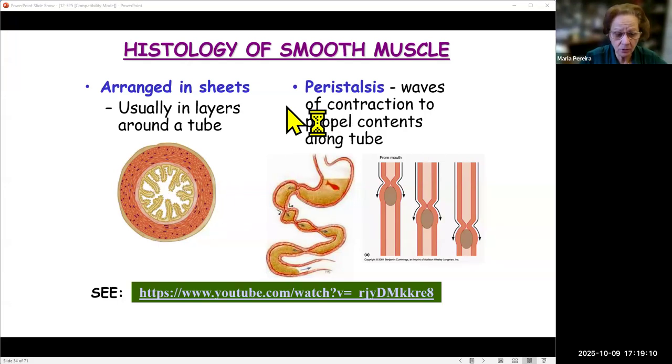When they contract and relax, this helps the food go down the gut. You see here the bolus that is formed. From the stomach, it goes down. And how does it go from one area to the other? Through this mechanism known as peristalsis. Peristalsis is caused by contraction and relaxation of smooth muscle.